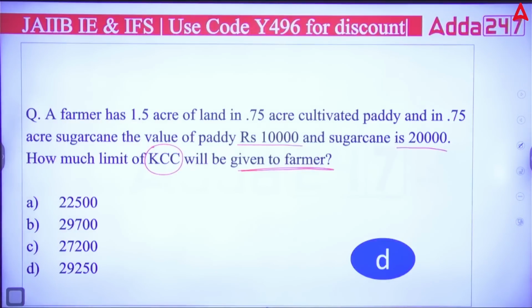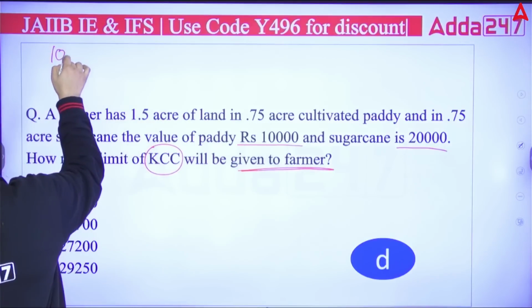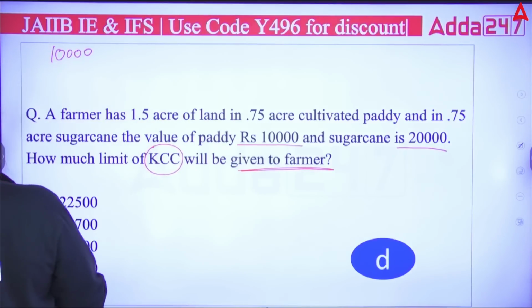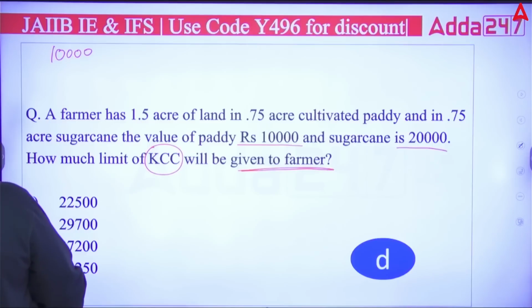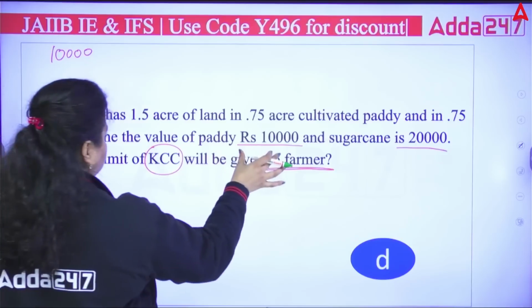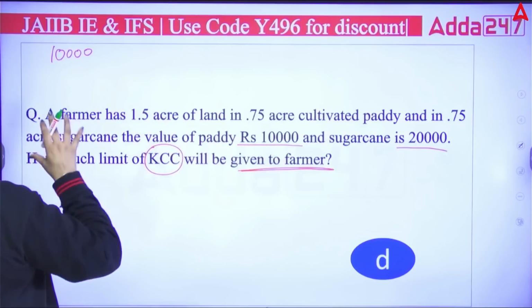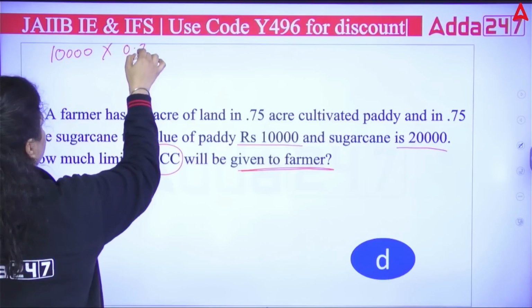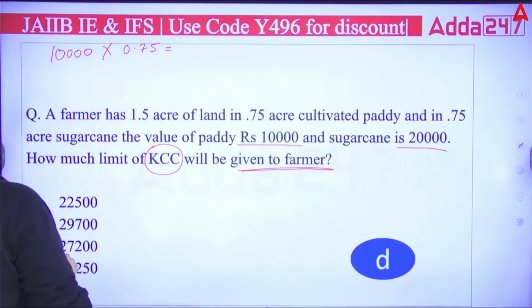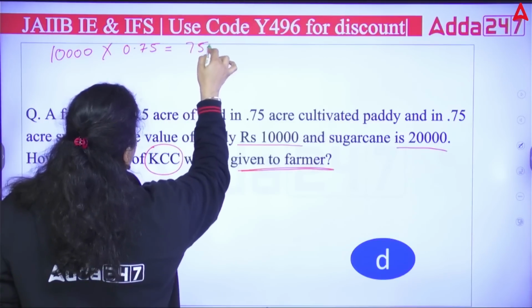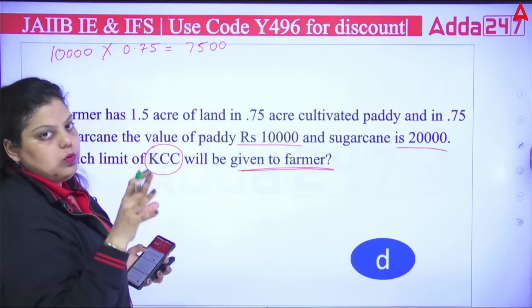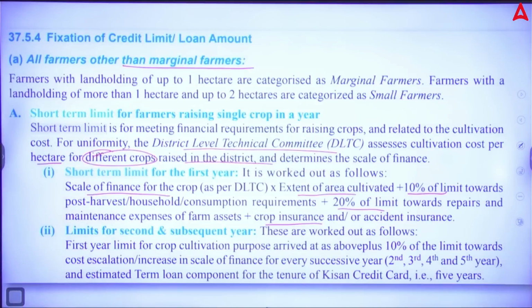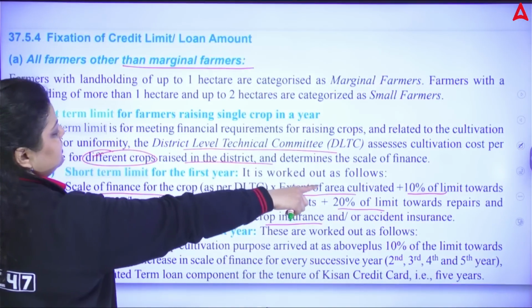Now, first of all, how to approach this kind of question? We have seen the formula. First, the scale of finance for the crop given is 10,000, and the area is 0.75 acre. When you multiply this, you will get 7,500. That is the scale of finance for the crop multiplied by the extent of area cultivated.